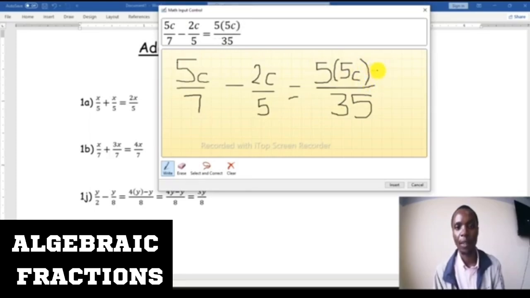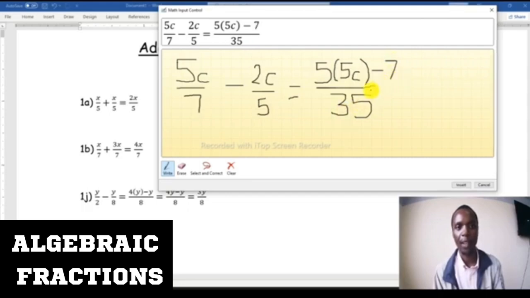Then we put this minus. 5 into 35 is 7, so 7 is going to multiply 2c.